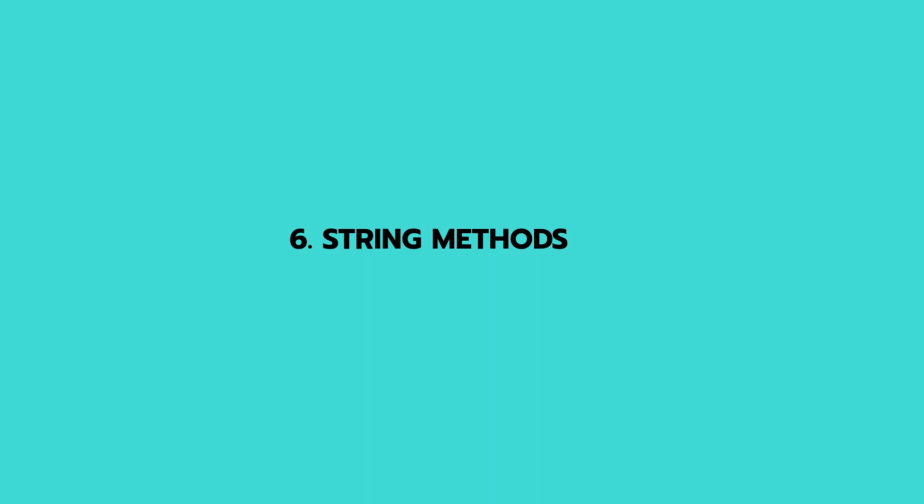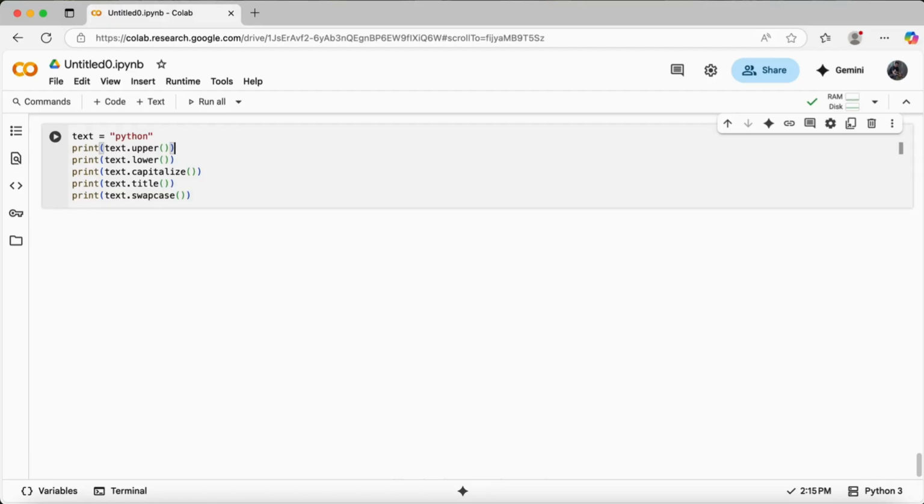Now let's discuss string methods. The first set of methods we have is for case conversion. I've taken these examples for case conversion, with the string Python. The first method is upper, which changes the casing of this string and makes it completely uppercase.